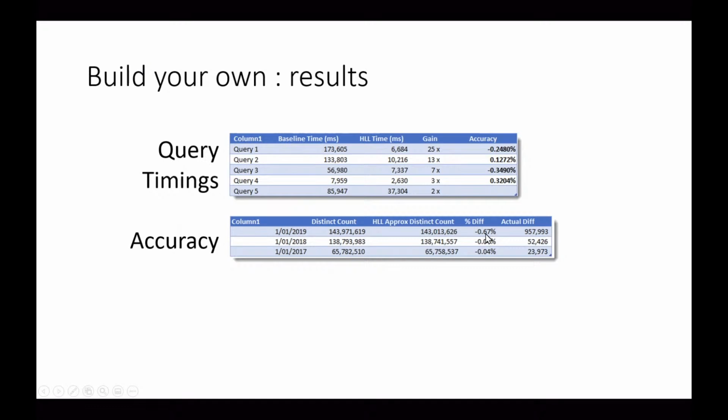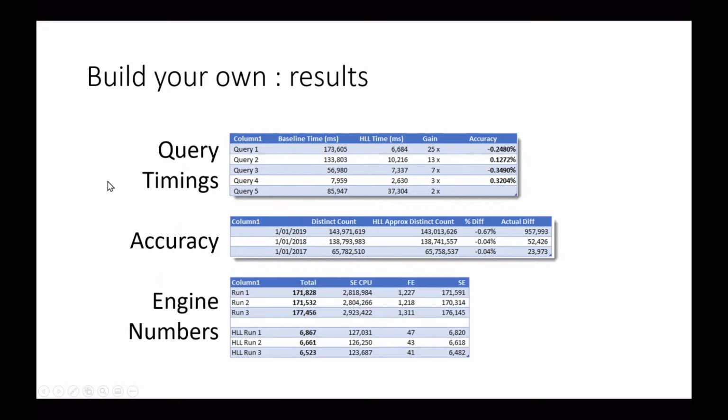It was only 0.67% out, and you can see that the physical difference was under 1 million, which is pretty big. I wouldn't want to be that far out on a financial calculation. But for 2018 and 2017, the values that DistinctCount came up with compared with HLL were only 52 and 23,000 different. So it was 0.04% in terms of accuracy, but we're talking 25 times faster.